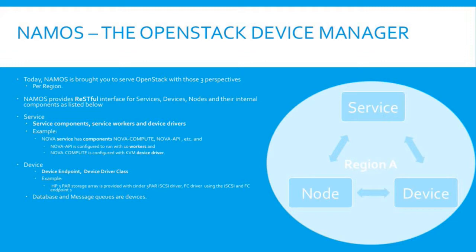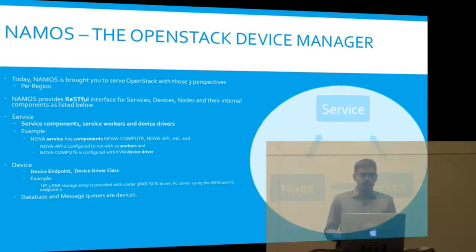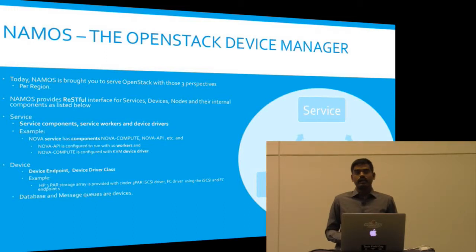When we look at the device side, a device usually has endpoints through which OpenStack will consume the device. We can call it the iSCSI interface or the FC interface, etc. Each device will have a given device driver class. For example, take VMware vCenter.